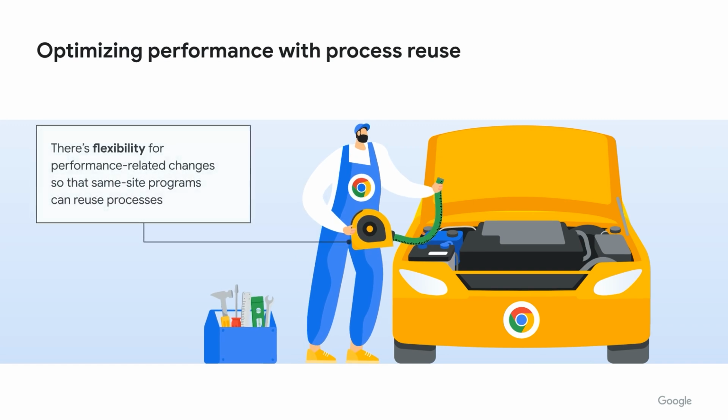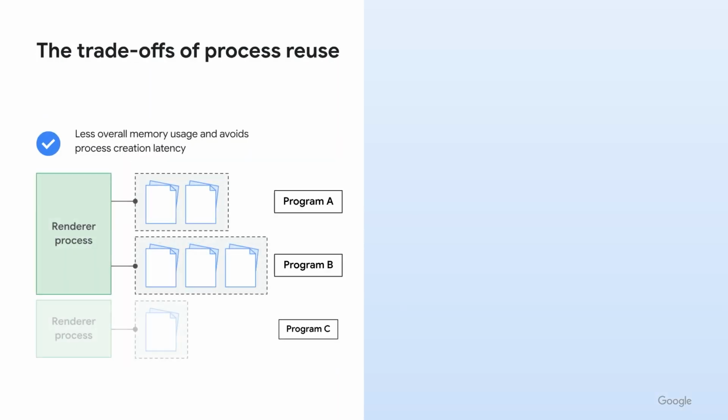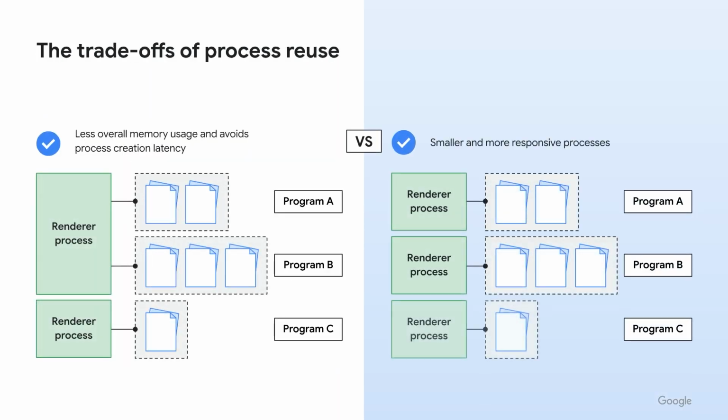Even with these constraints, some flexibility remains for making performance-related changes to which same-site programs can share a process. There are usually trade-offs in these decisions, such as using less overall memory and avoiding process creation latency when putting programs in fewer processes, versus having smaller and more responsive processes when putting programs in more processes.